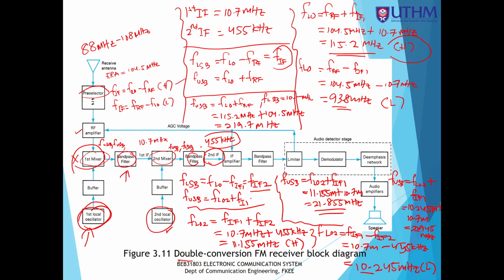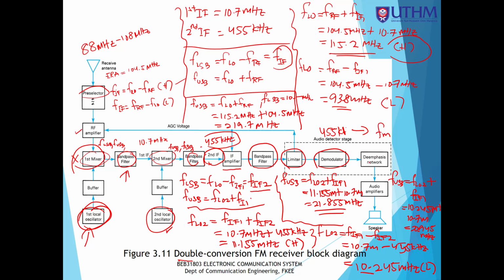The second intermediate frequency goes to the IF amplifier, which increases the amplitude, and then we filter out the frequencies. The limiter means that we limit the amplitude. Then we do the demodulation process from the 455 kilohertz center IF to become FM.